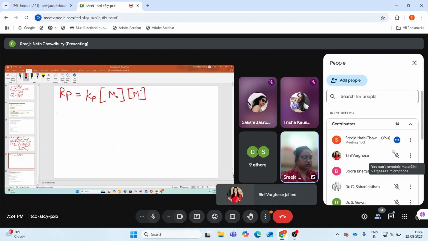So in our last expression, minus ln m infinity by m0 is equal to 2 kp f kt by kd kp into kd, whole to the power half.